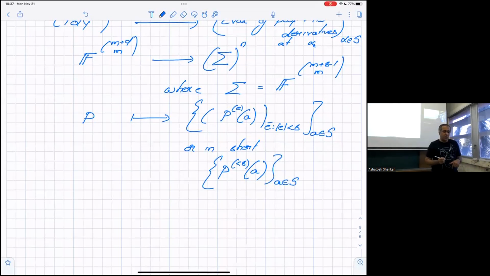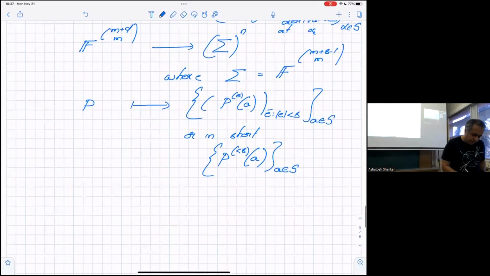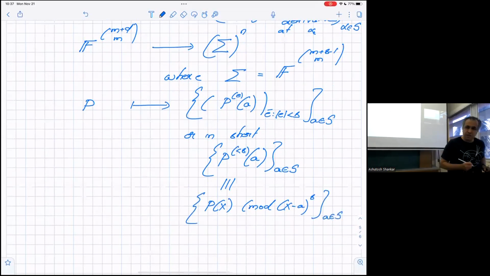Notice this is also equivalent to giving P of x mod x minus A to the power s. At least in the univariate world, this is what it means.